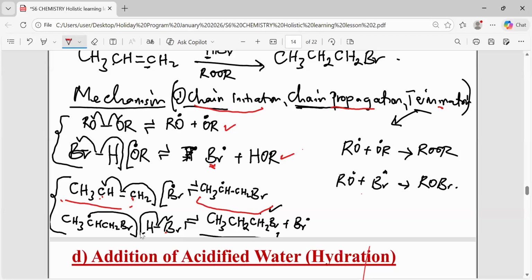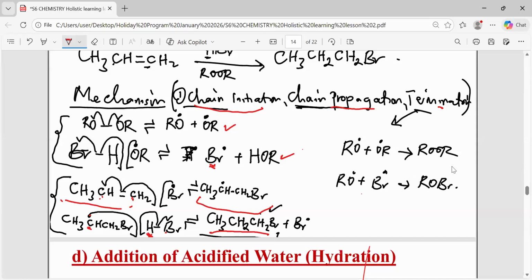And then this hydrogen attaches on the CH. Initially it was CH, but this hydrogen is the one which is coming to attach and then becomes CH2. And then finally, we have our product that we have been looking for.